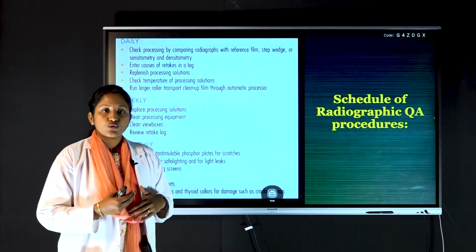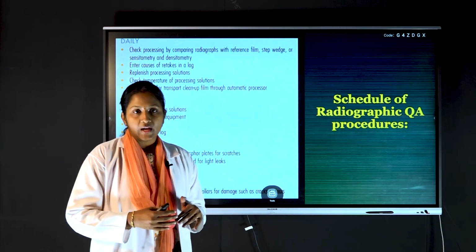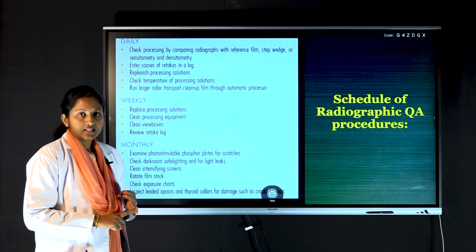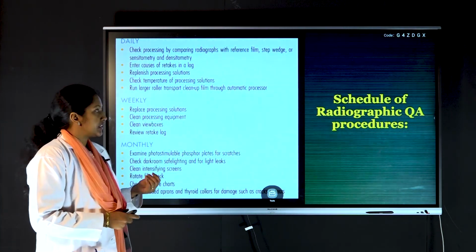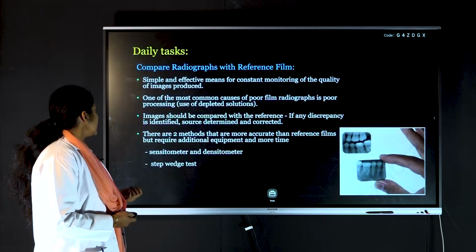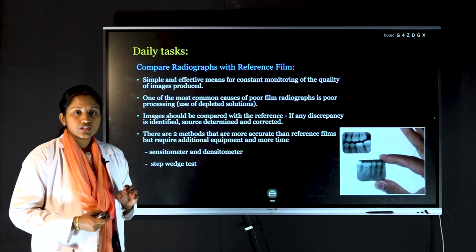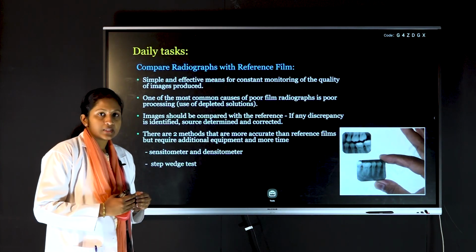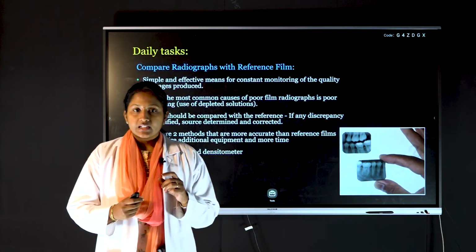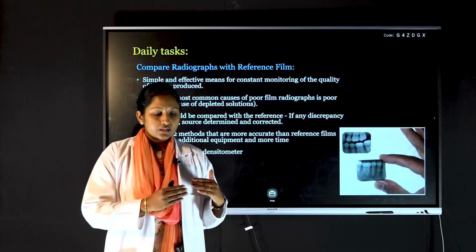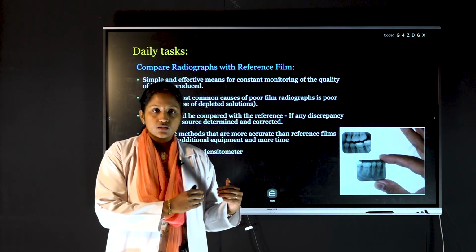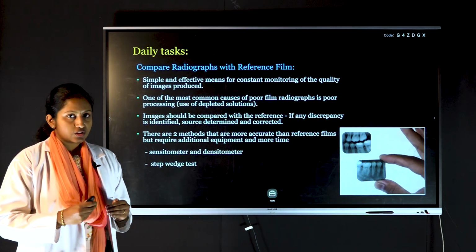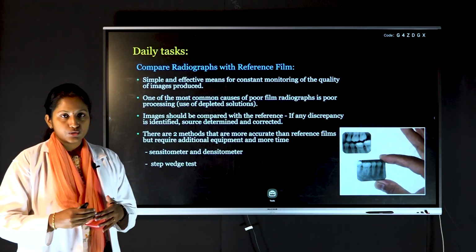As said, there is a protocol given to ensure quality in radiology. Those include daily tasks, weekly tasks, monthly tasks, and yearly tasks. The daily tasks include, first of all, comparing the radiographs with a reference film. A reference film is a film that is taken with fixed exposure parameters as well as optimum conditions of the processing solutions, that is, using fresh solutions.